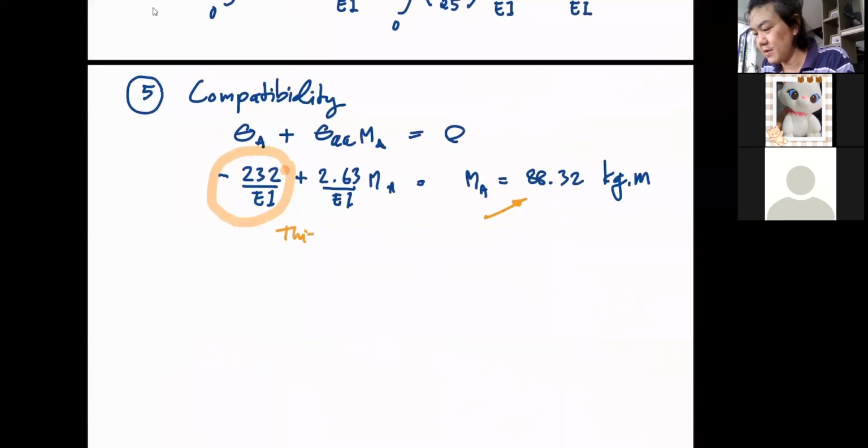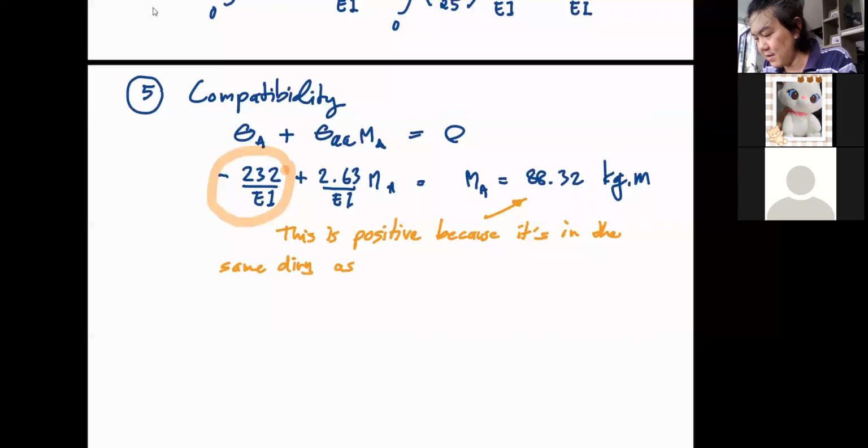This is positive, not because we have the positive moment. The moment itself is a negative moment, but this is positive because it's in the same direction as the applied unit moment.